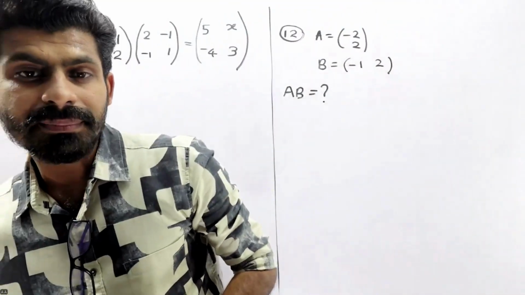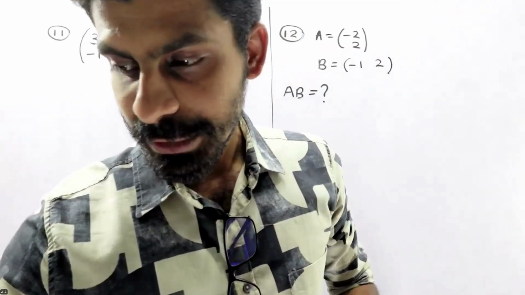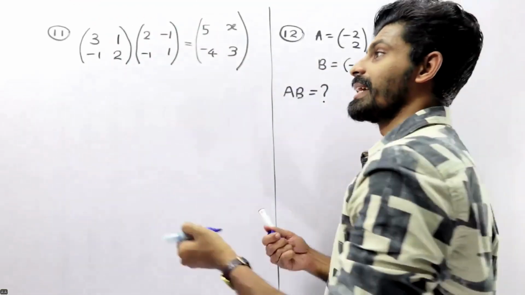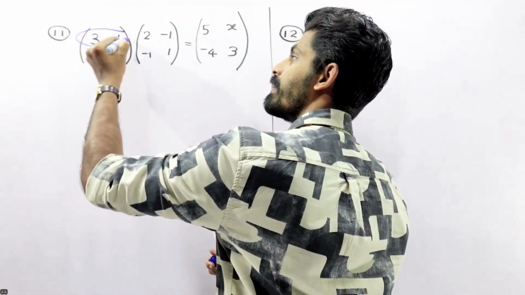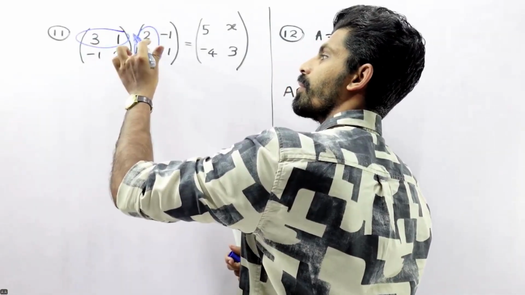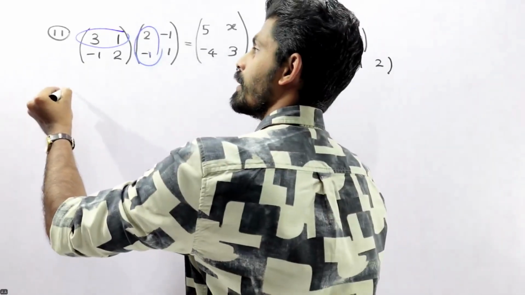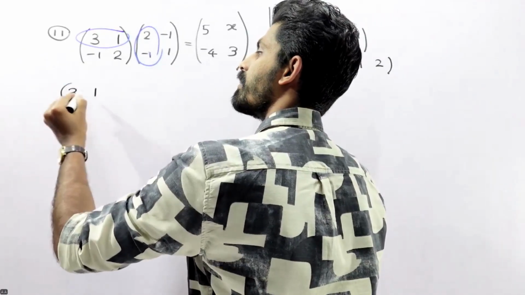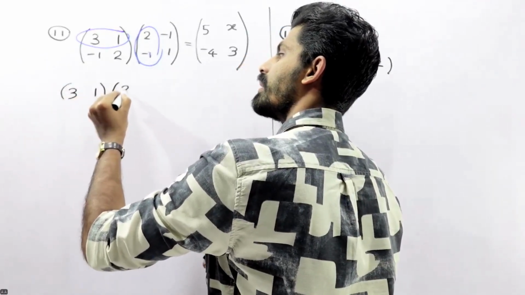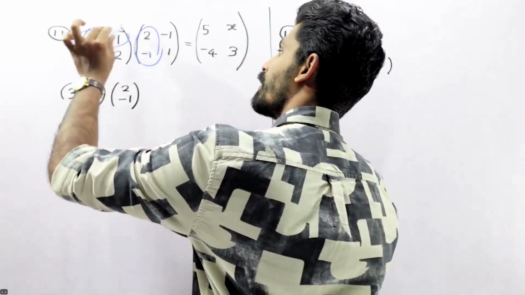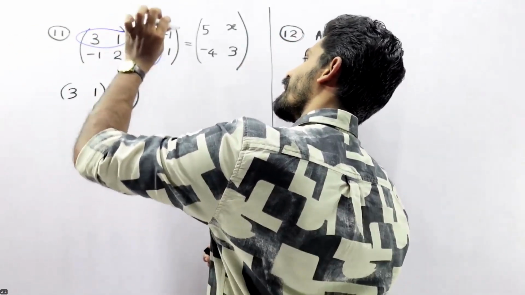Row, you need to multiply by column. So that means row multiplied by column, right? 3, 1 multiplied by column, row multiplied by column.